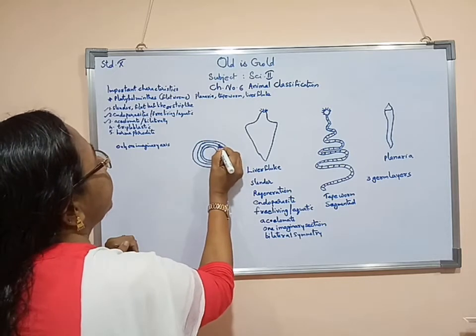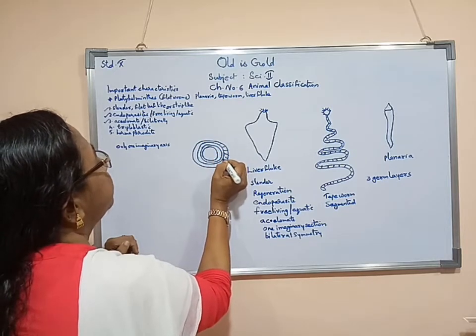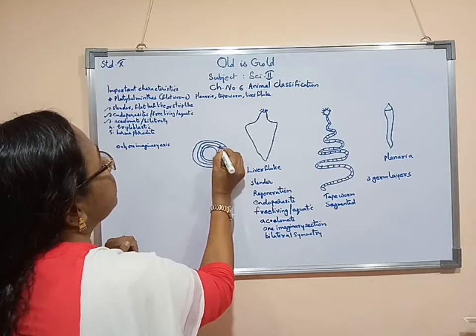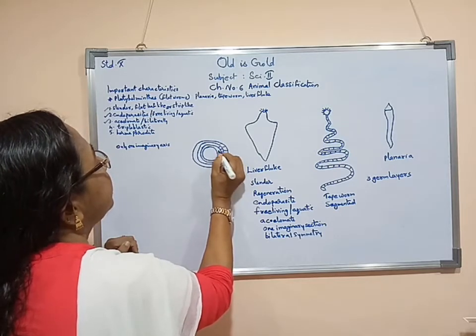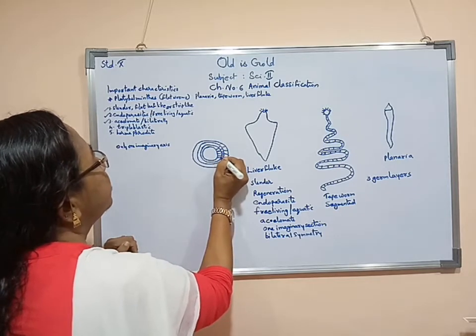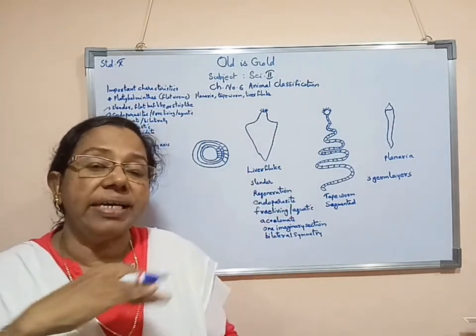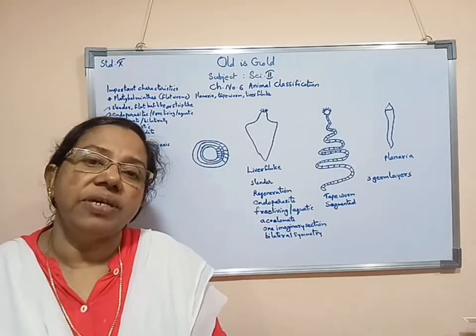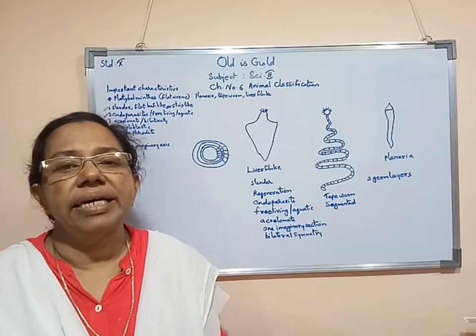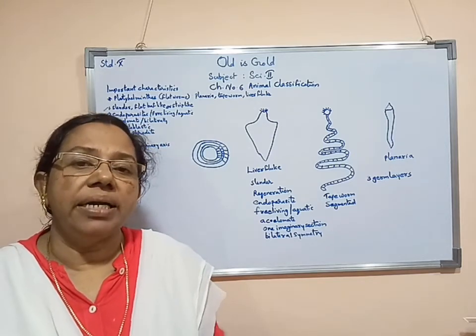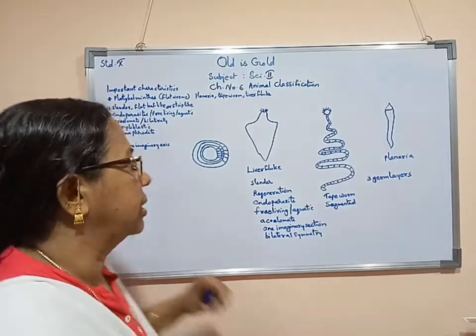This is one layer of cells. This is the other layer of cells. This is the other layer of cells. Like that, if we cut their body, we will get three layers of cells. So we can say that they come under triploblastic.